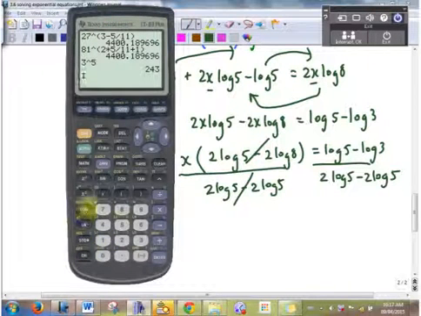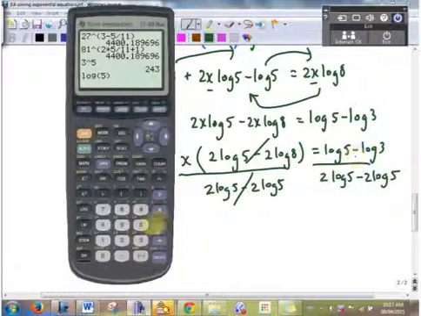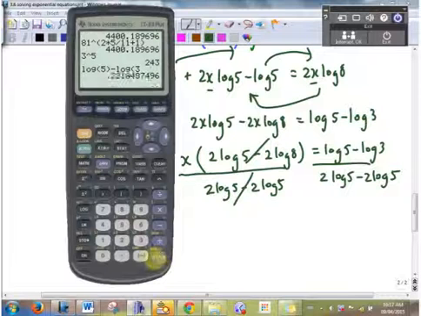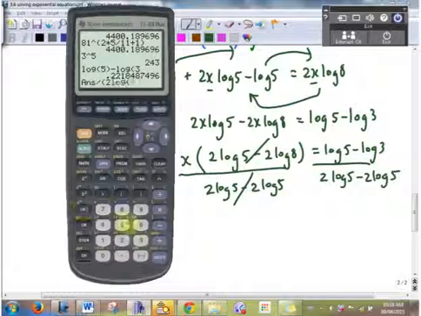Log 5 minus log 3 equals that divided by bracket 2 log 5 minus, whoop, is that right?